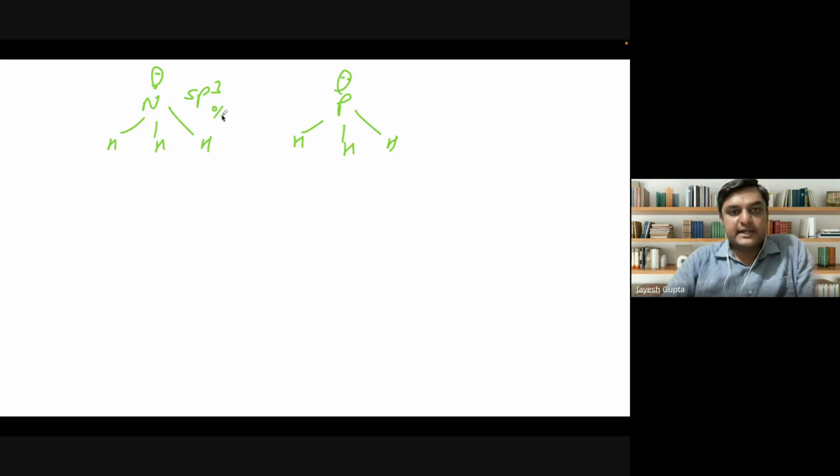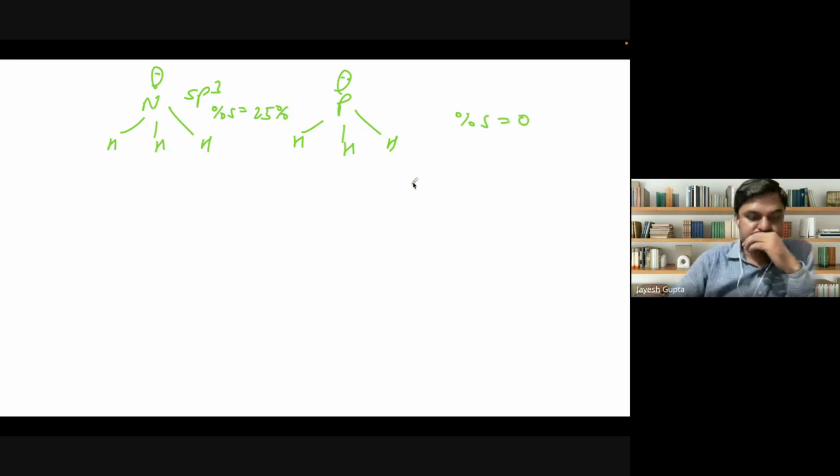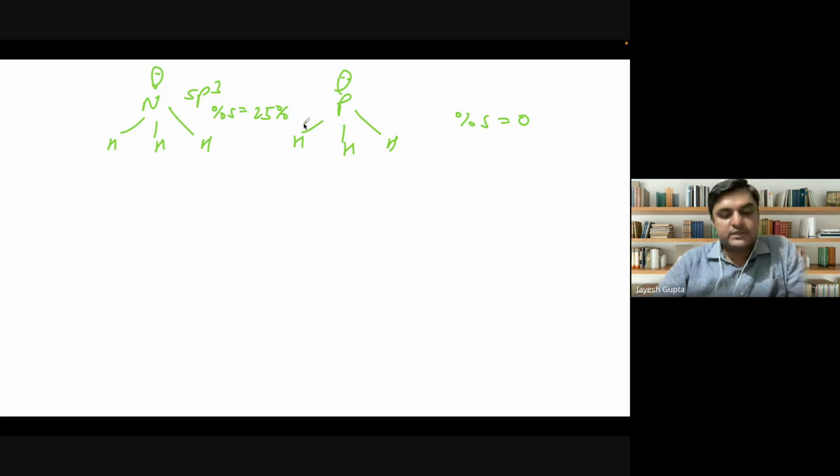Okay, so percentage s character, if I talk about here, it will be 25%. Here percentage s character will be 0. So we have to see which one is good in terms of basicity.